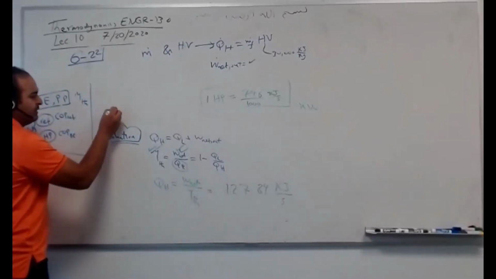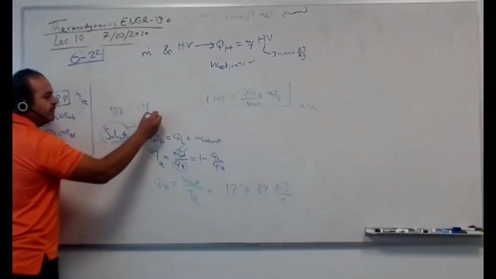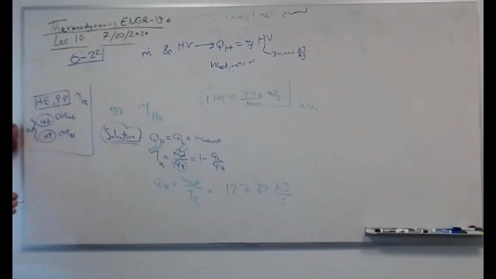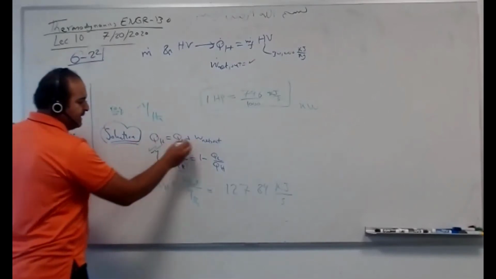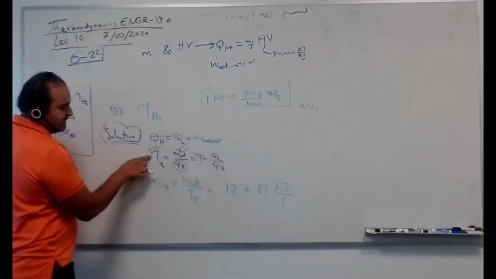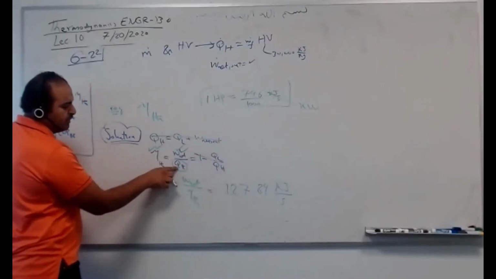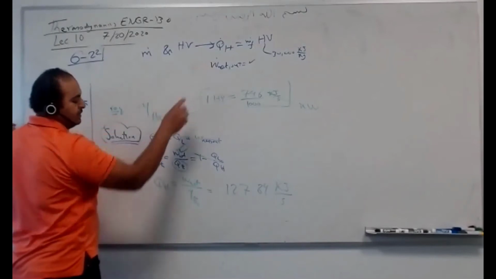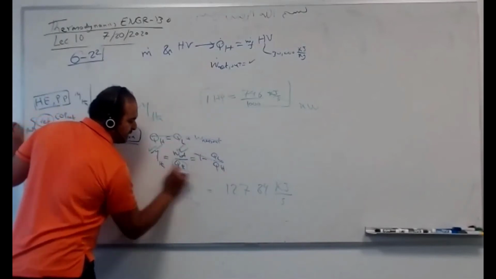What is required? Eta, thermal efficiency. So we don't want this part now. Actually, we can use it, but we don't want it now. So it's eta thermal, W net over Q high. Q high is m dot heating value. So we can do it this way.